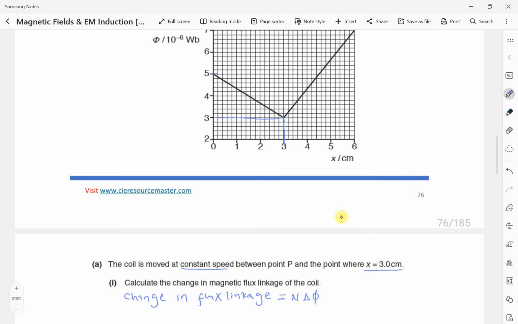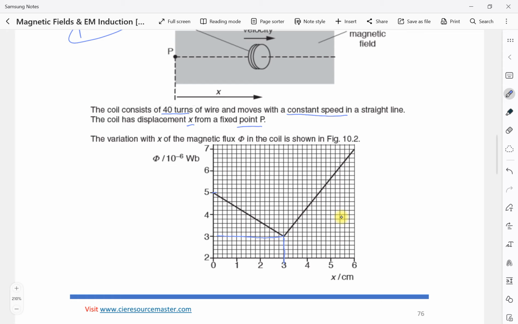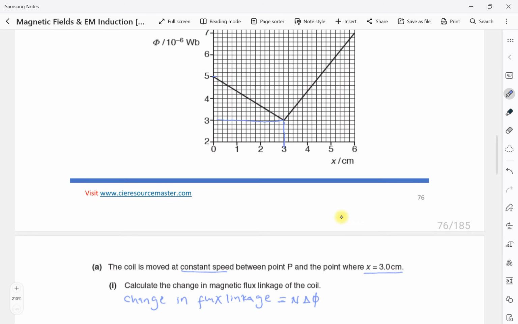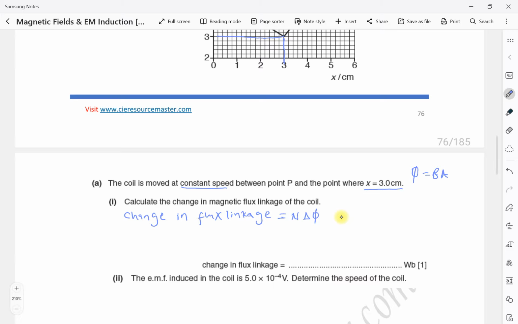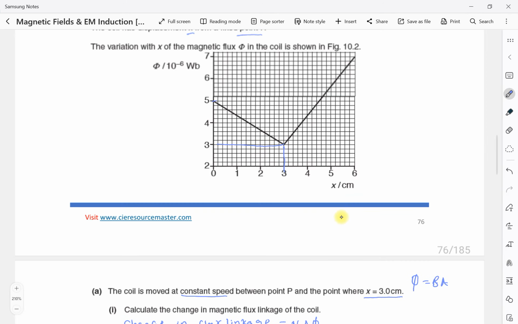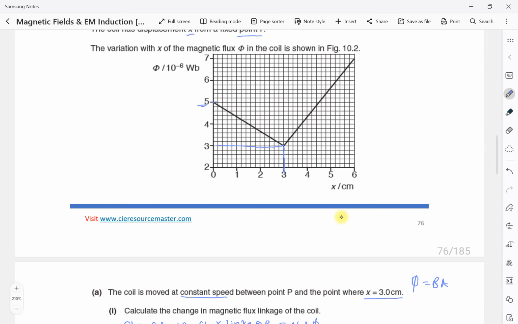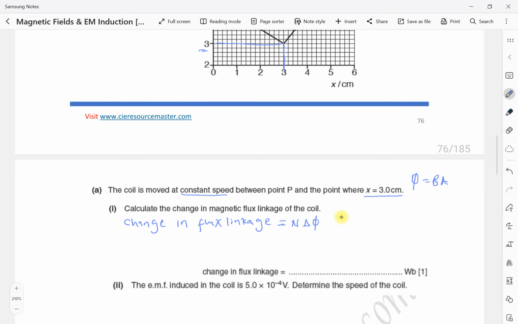If we had area and magnetic flux density, we would use NBA, because remember magnetic flux is equal to B times A, where B is perpendicular to the area. So the change in flux linkage is the number of turns times the change in flux, and flux changes from 5 to 3 times 10 to the power minus 6, and the number of turns is 40.